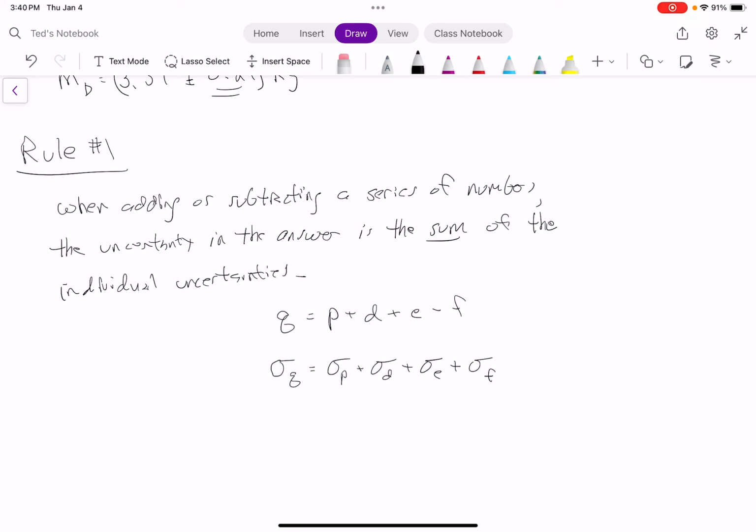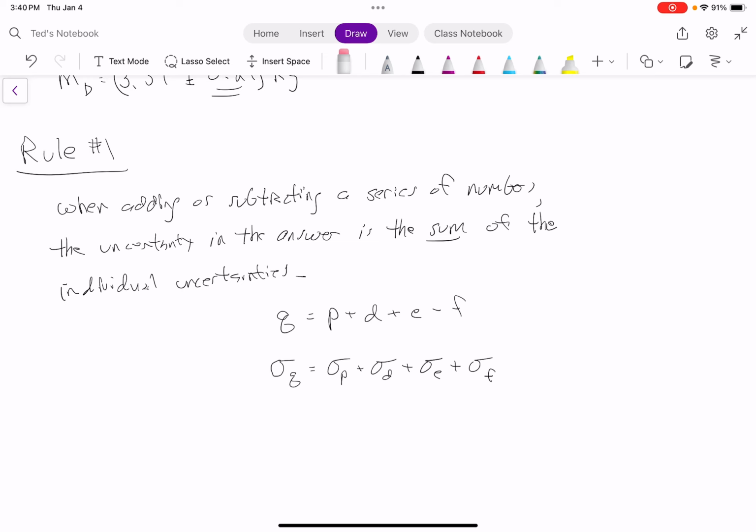That's a Greek letter. Sigma sub Q is pronounced the uncertainty in Q. Sigma sub P is pronounced the uncertainty in P. And you get it. We just add up the uncertainties of all of the different pieces that we were adding and subtracting to get the uncertainty in the answer.